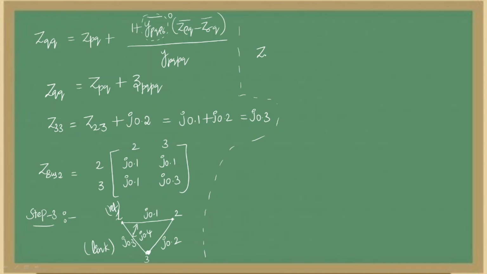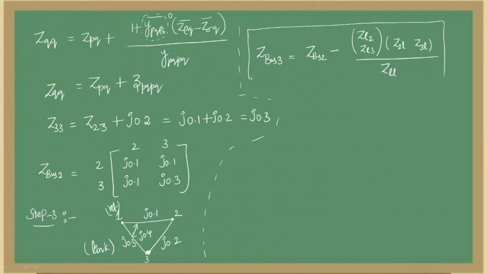Hence, I can write Z bus 3 as Z bus 2 minus this expression: ZL2 ZL3 multiplied with Z2L Z3L whole divided by ZLL. This is the mathematical expression which is used to find the modified Z bus matrix when you add a link, right?